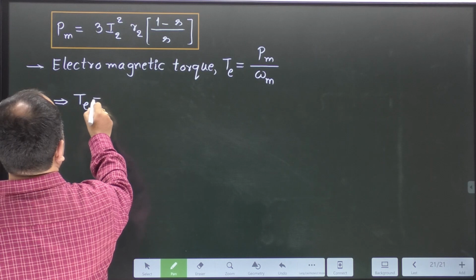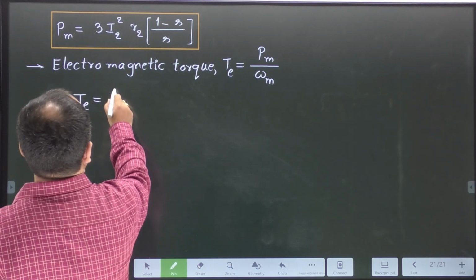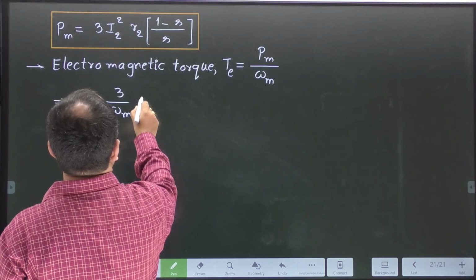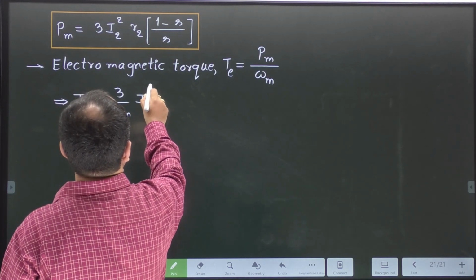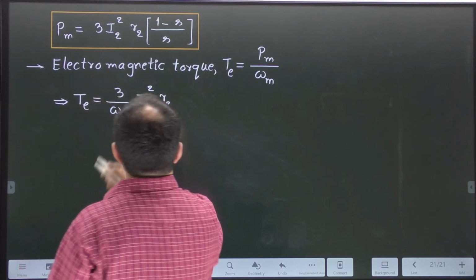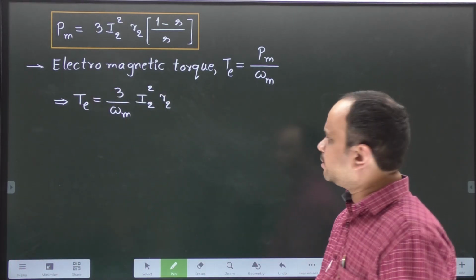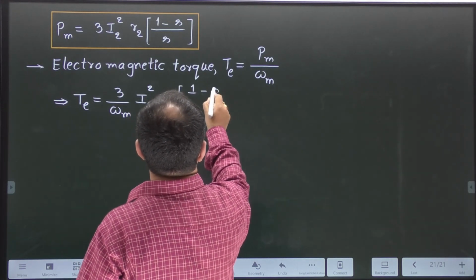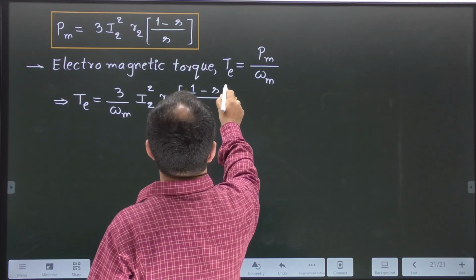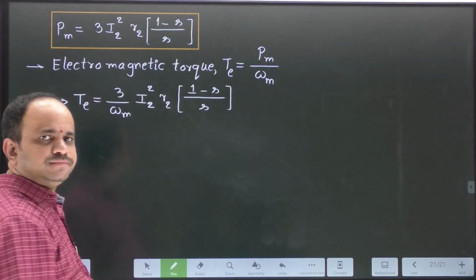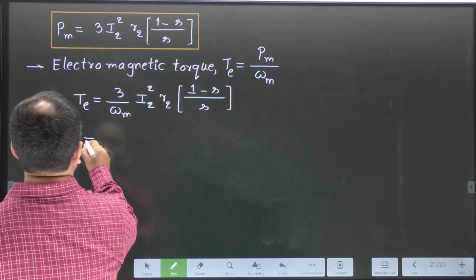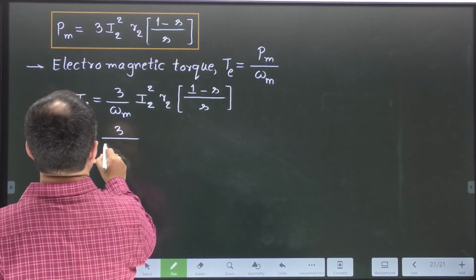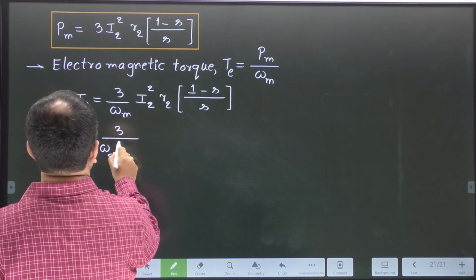TE is equal to, of course, 3 divided by omega m into I2 square R2 multiplied with 1 minus S divided by S. So 3 divided by, what is omega m here?